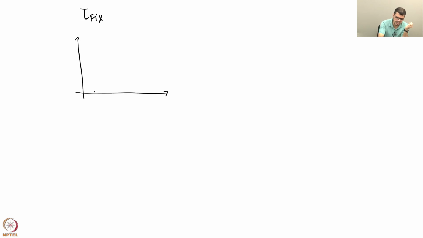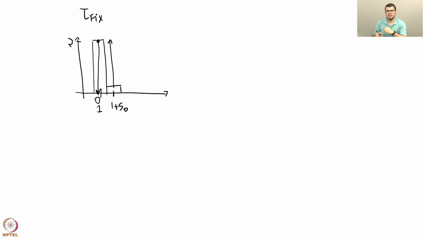How we will do this is, we will simply ask the question: if this is the genotype at fitness 1 and this is a genotype at fitness 1 plus S naught, then how long does it take for this genotype to reach population size N and this genotype to go to 0? That is all we will ask, and let us see how this fixation time compares with tau wait that we have just been talking about.